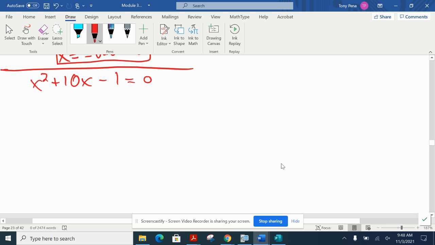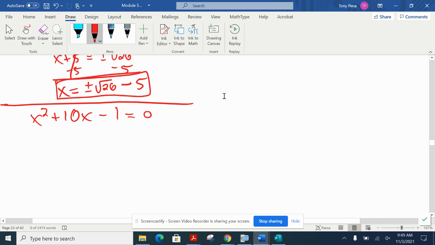Identify your a, identify your b, identify your c, plug it into the formula, do that process. Let's see if we can get all the way through one. You know you did it right because we're solving the exact same question. You better get the same thing that we just got when we used the square root method.